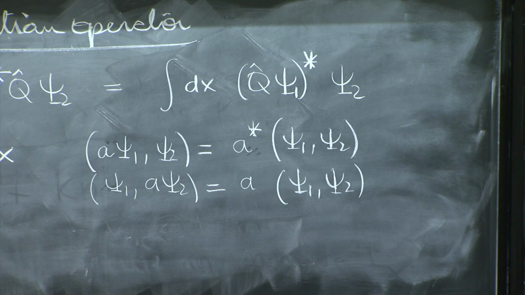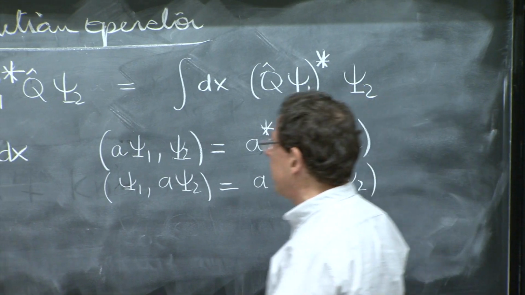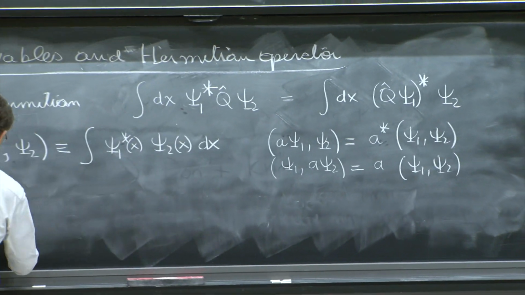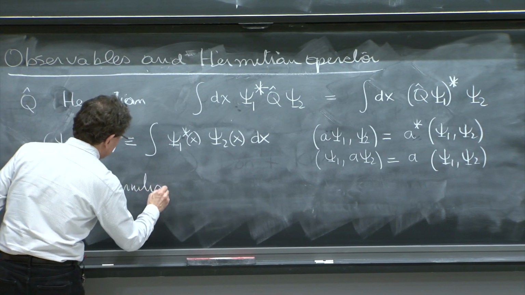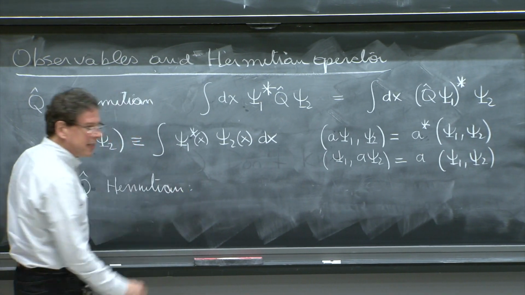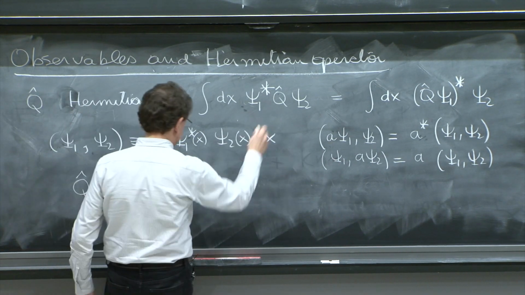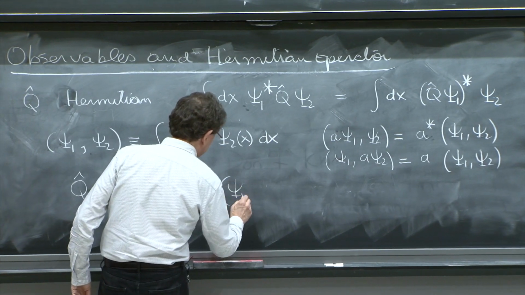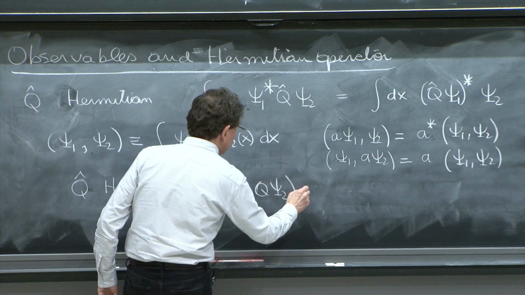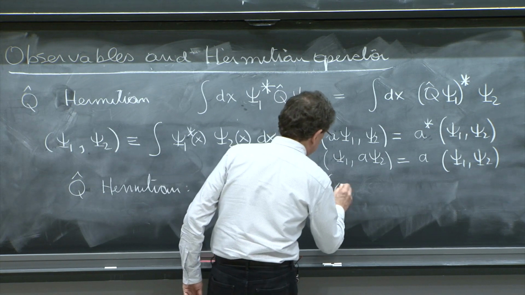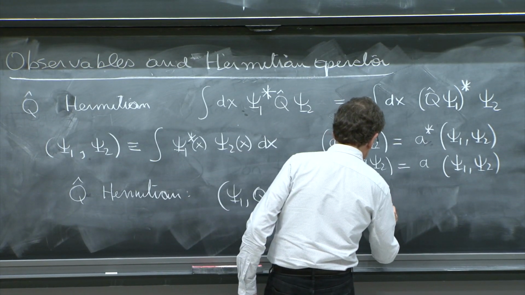With this definition, the statement that Q is Hermitian has a nice look to it. It becomes kind of natural and simple. It's the statement that if you have psi 1, comma, Q psi 2, you can put the Q in the first input: Q psi 1, comma, psi 2.